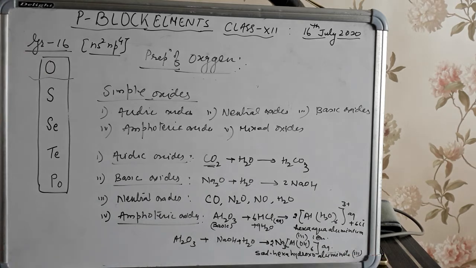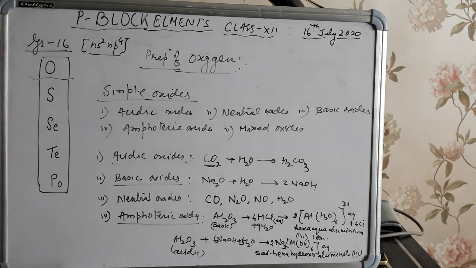Aluminate 3 ion. So here aluminum oxide behaves as an acidic oxide, with 3H2O. So in this way you can give examples of the different types of oxide.